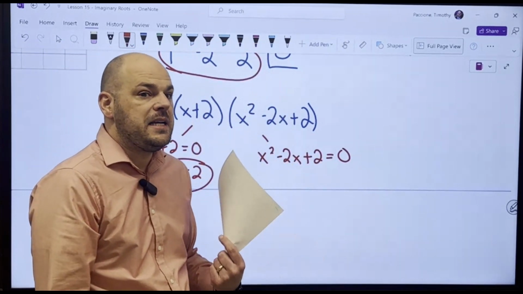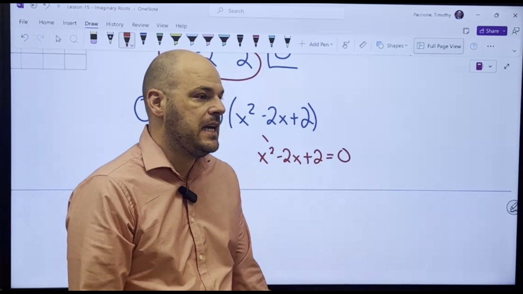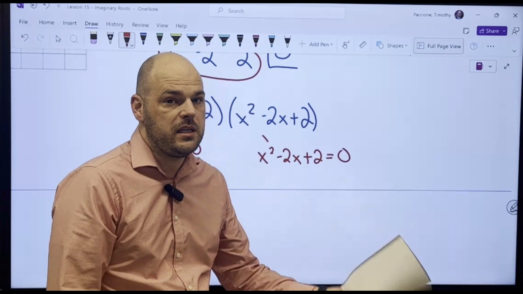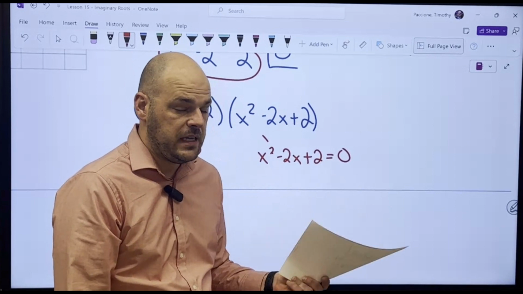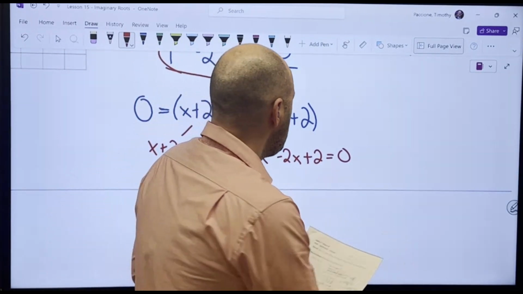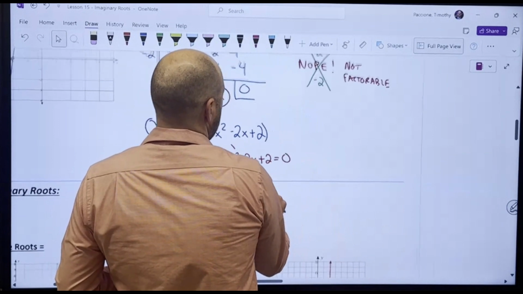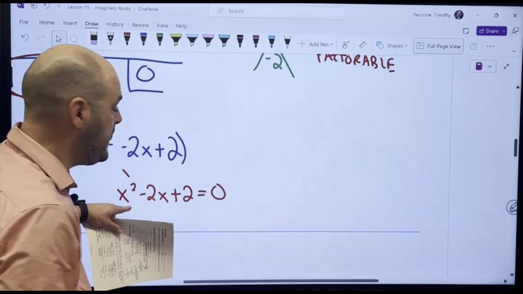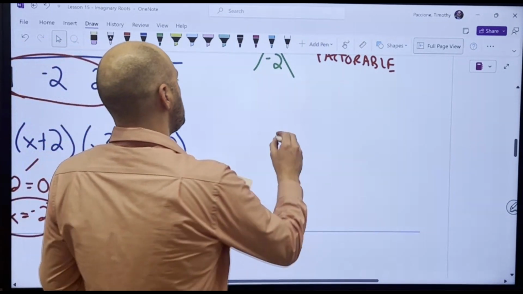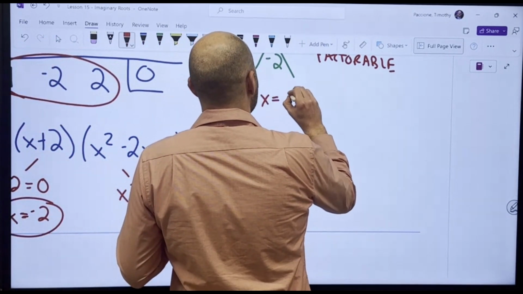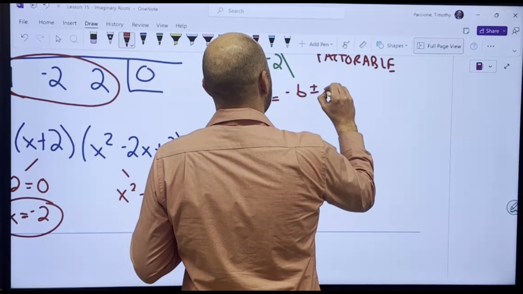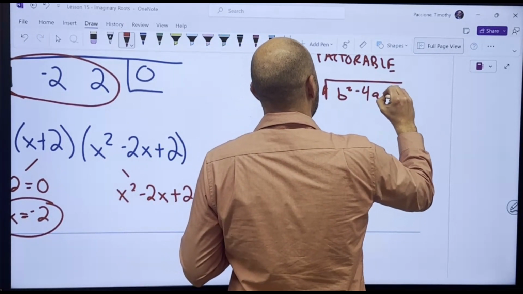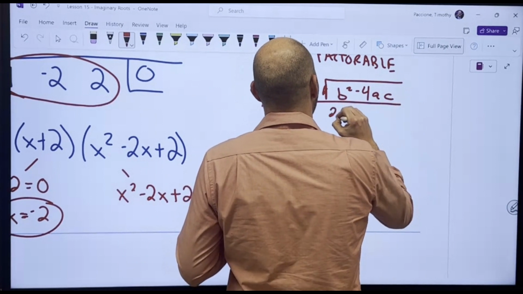Now, I can't magic x this. I can't do any other things. But we do have a way to solve when we have a quadratic that equals 0. And yes, that is the quadratic formula. So we're going to use that quadratic formula over here to figure out what the x is that makes that true. So we'll say, okay, x equals, remember, negative b plus or minus the square root of b squared minus 4ac all over 2a.